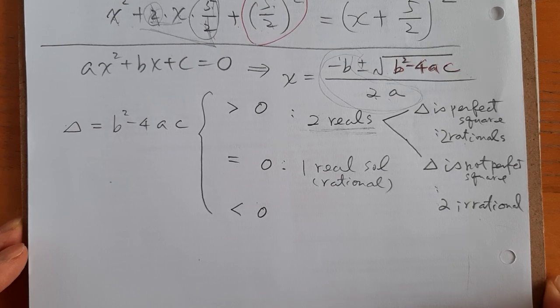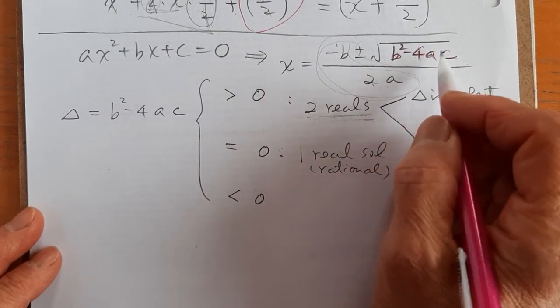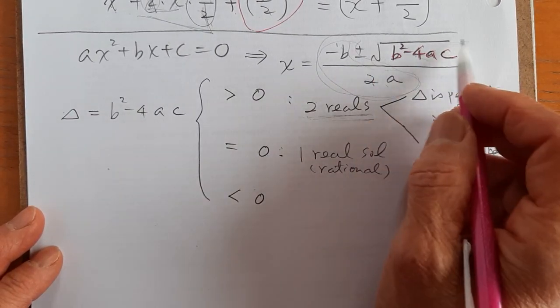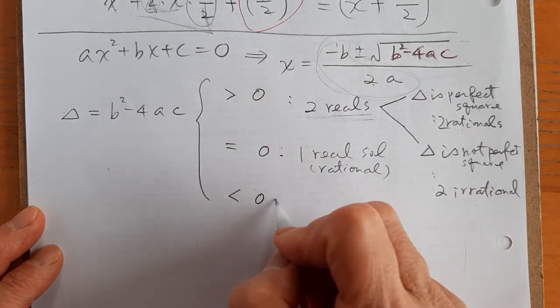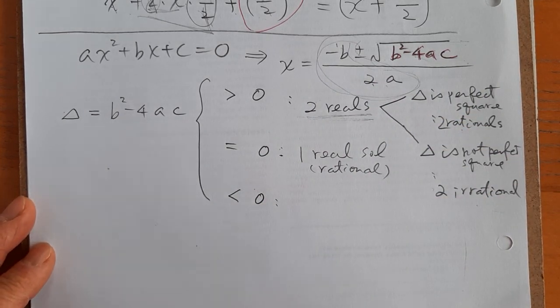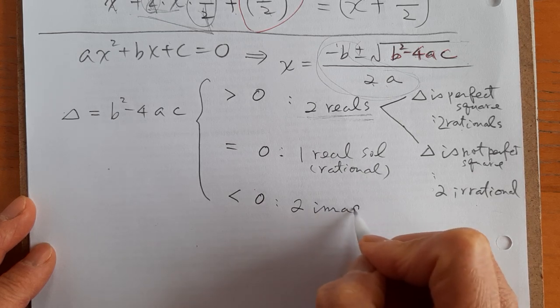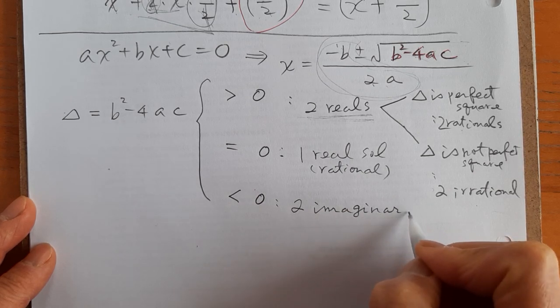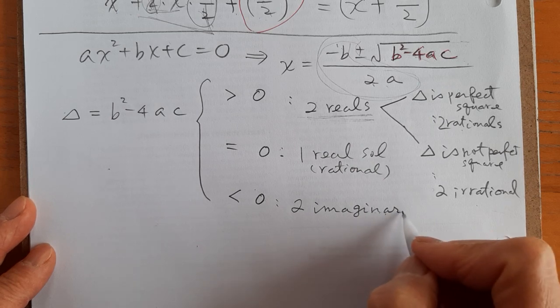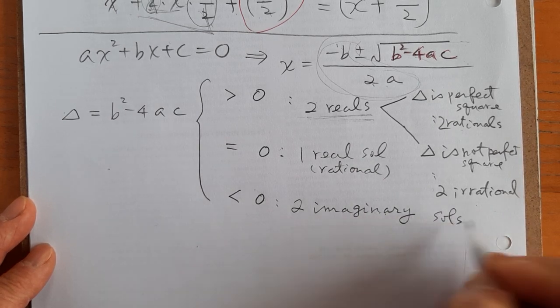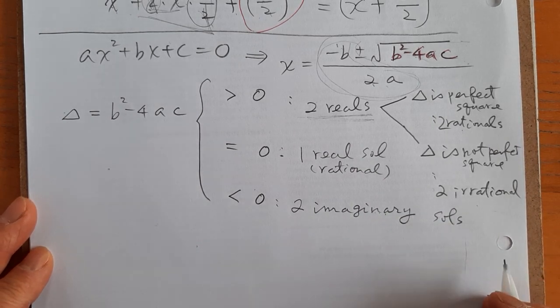Now, if b squared minus 4ac is less than 0, when you take the square root it becomes a complex number, and then there will be two imaginary solutions, complex numbers as solutions.